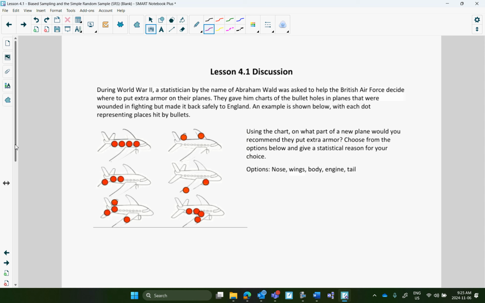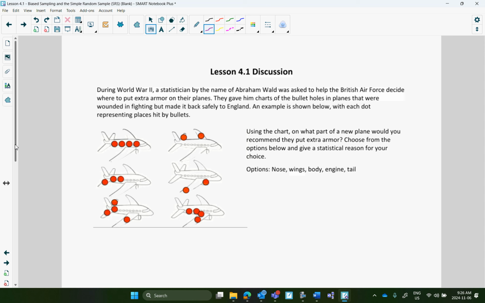You've got to figure that there were some that were hitting the nose and none of them got back. Oh, I get it. Three or four of them were hitting the tail, the wings, the body. That means that if there was armor there, it must have worked because they were able to come back.